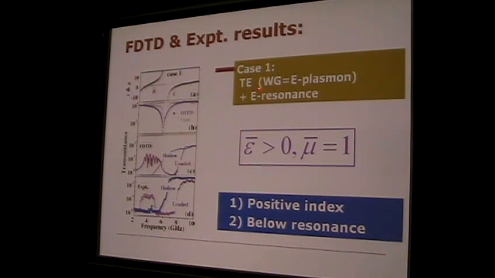For case 1, remember that the waveguide is an E plasma, so the background has a negative epsilon. We insert an E resonance, and we found that indeed, at waveguide below cutoff, we have a high transmission peak. This is the FDTD simulation. This is the experiment. So indeed, these two results coincide with each other very well.